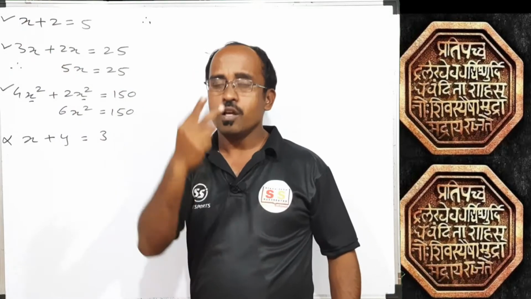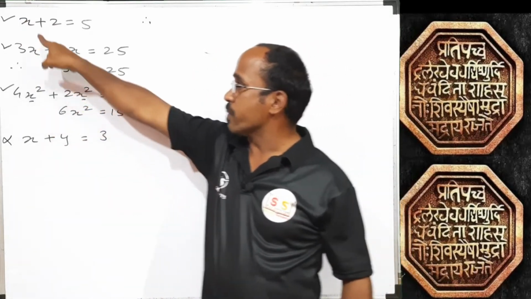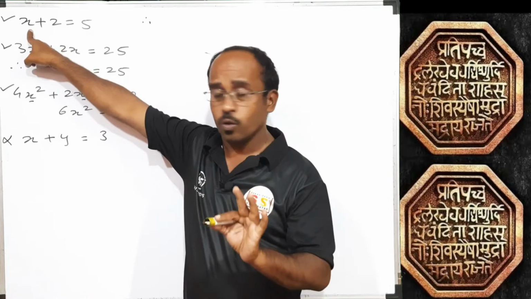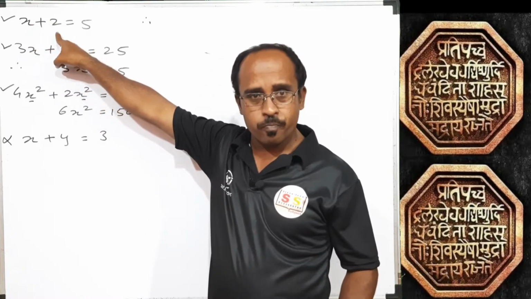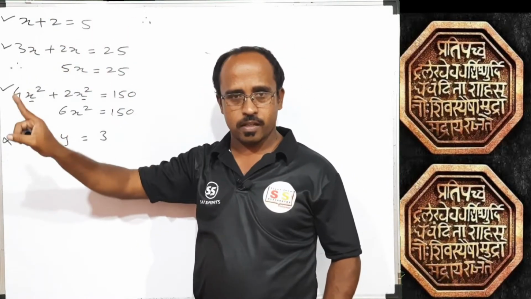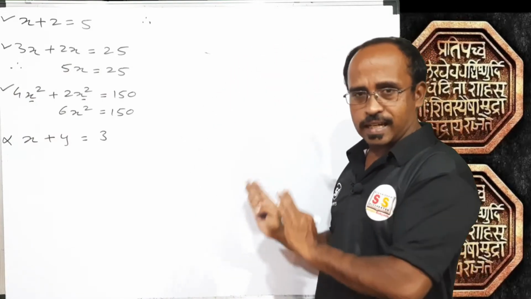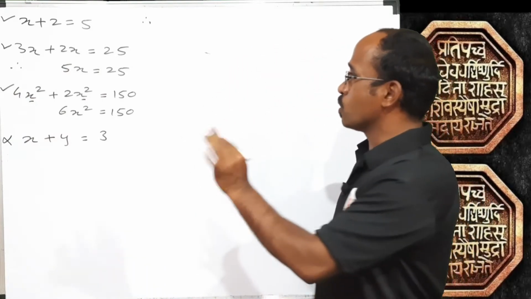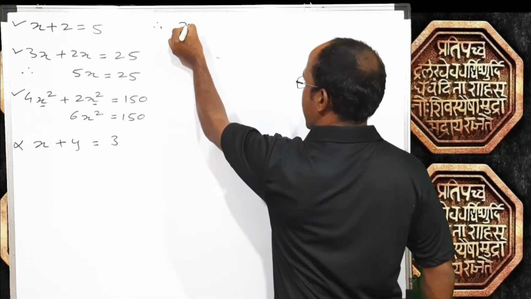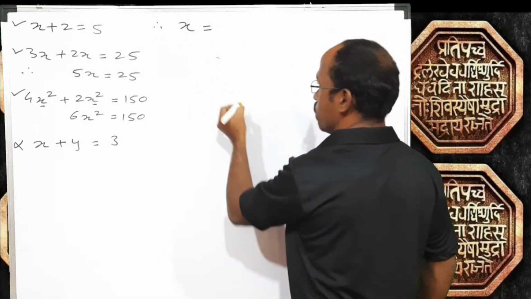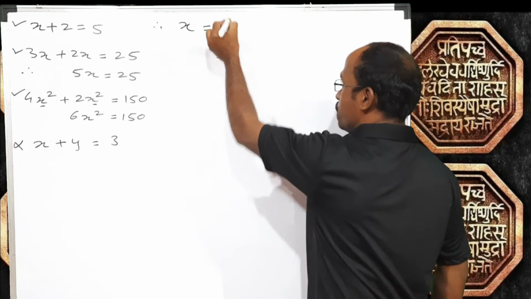Two things are there. Among these two things, we have to keep one thing alone, means this x alone. This 2 should not be on the left hand side. So where should it be? It should be on the right hand side. Clear? So on the left hand side, we will keep this x alone, equals to, on the right hand side there is 5.